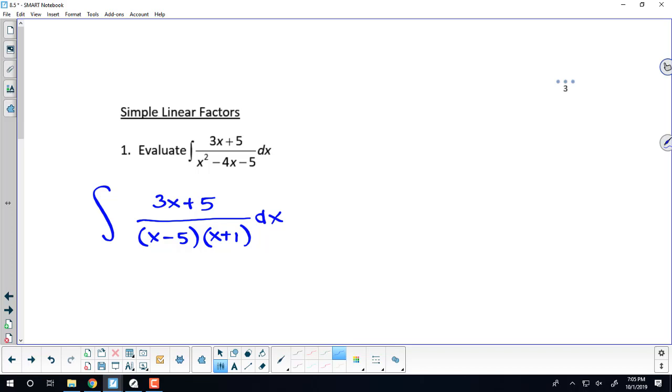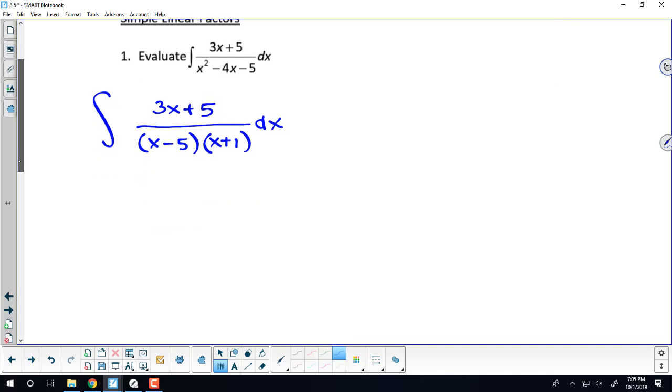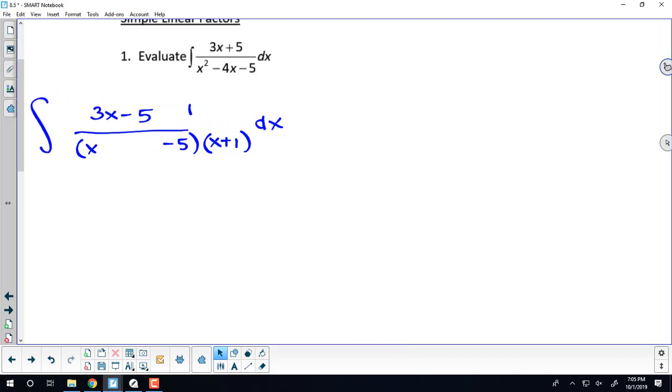So we factor the denominator if we're able to, and then we say, well, I'm looking at two simple linear factors. So maybe off to the side here, we can do this. We've left enough room.